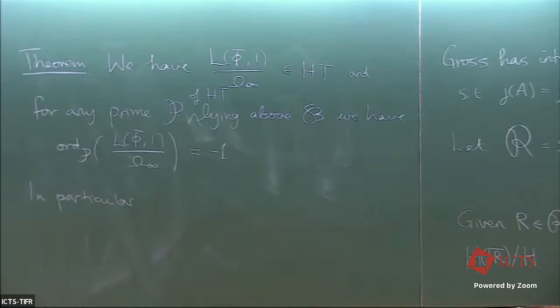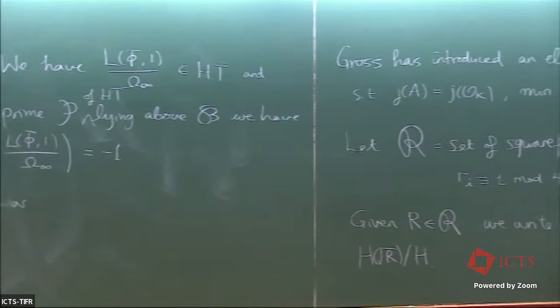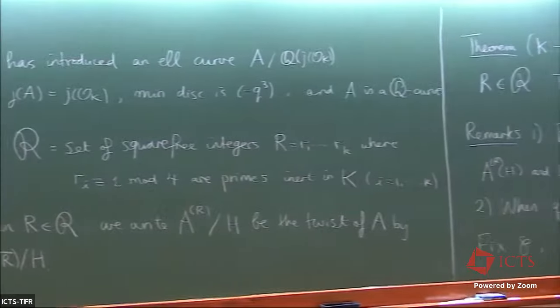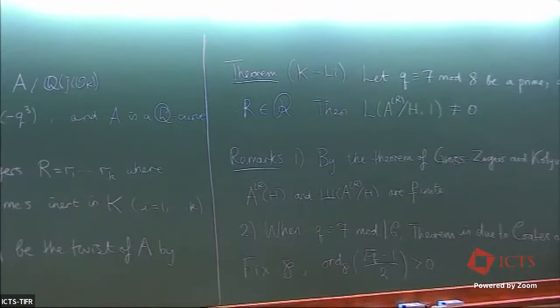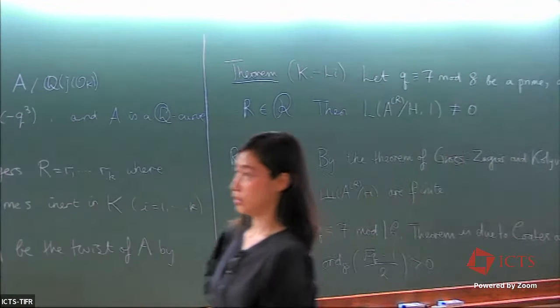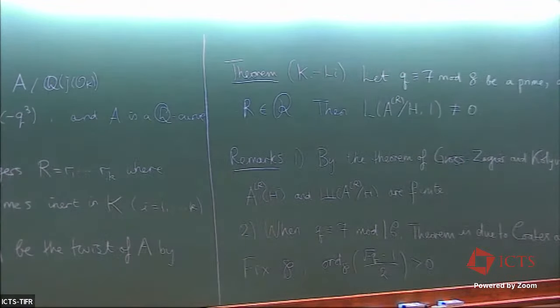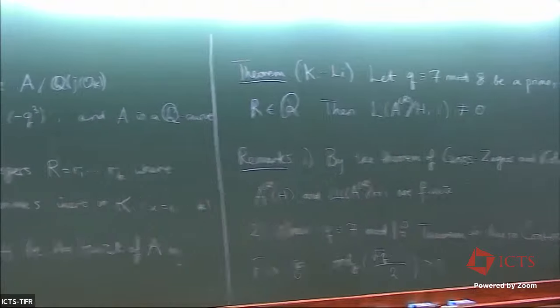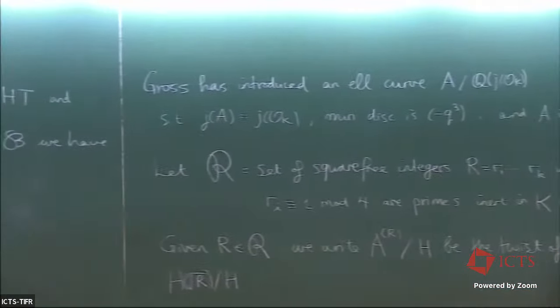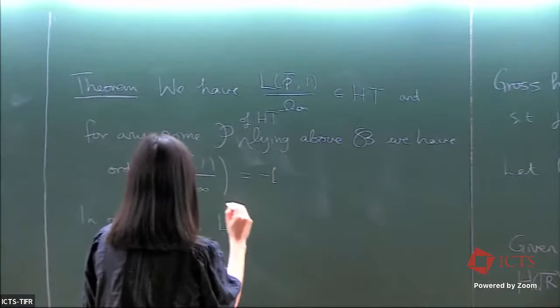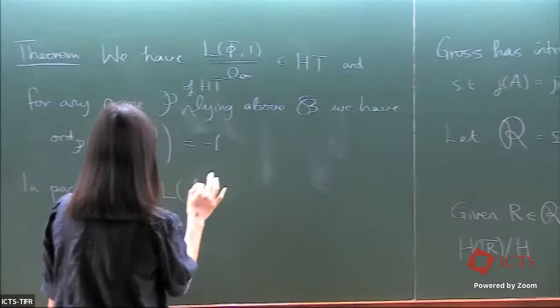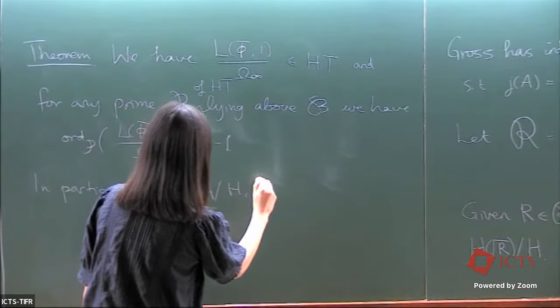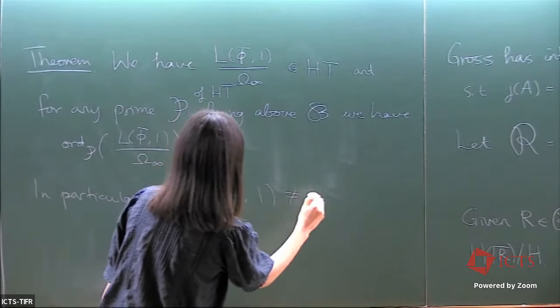Here I fixed an embedding of T into C, extending our embedding of K into C. And there are H distinct choices, and by varying them and taking the product, you get the complex L series of B over K. And so in particular, relating it back to our original elliptic curve, we have that the base curve has central value not vanishing at s equals 1.